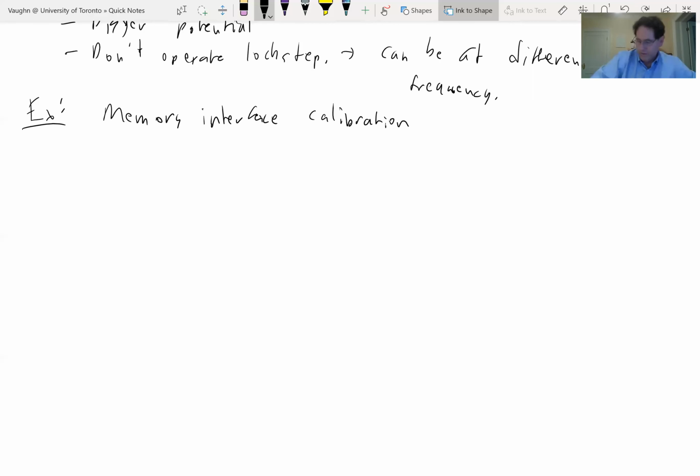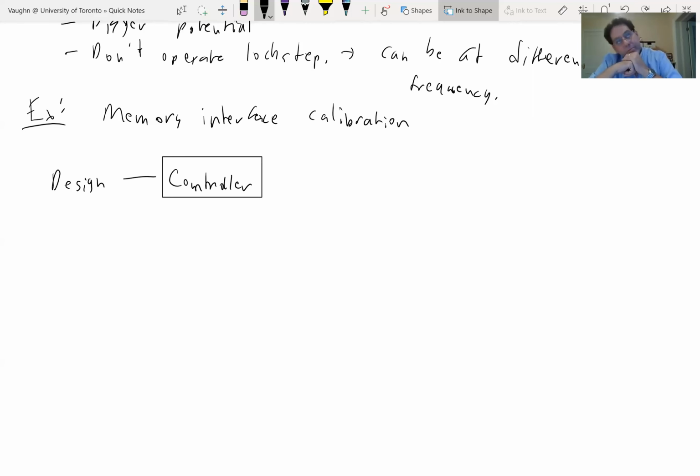Okay, so let me show you what a memory interface looks like. So you have a design in an FPGA. It talks to something called the memory controller. And the memory controller basically understands the protocol of, I want to read, I want to do a write. That's basically it, right? So it understands how to turn those requests into the lower-level commands that the RAM actually understands.